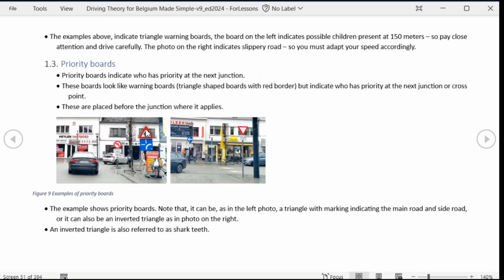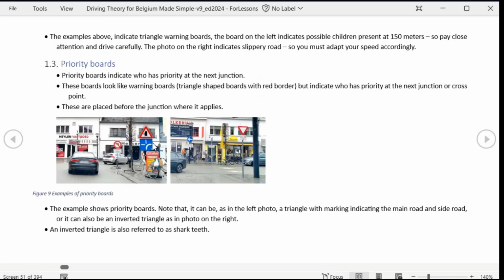So of course it's a warning board, but in addition to that, it's a priority board, which indicates that there is a thick line and one or more thin lines. So it indicates who has priority, who will enter the junction first. We will talk a lot about priority in the priority chapter, but here it is only for you to understand that a warning board and a priority board might look similar, but a priority board indicates who has priority at the junction.